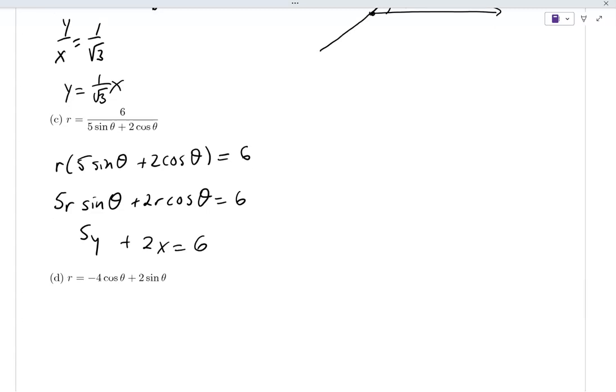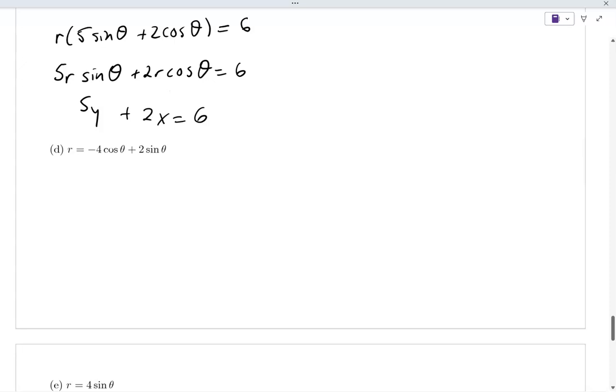Let's look at this last one here, where we've got r equals negative 4 cosine theta plus 2 sine theta. Notice I can't do the same thing that we just did in the previous example because I don't have a denominator to try to clear. However, the previous example does give us a little bit of an insight of what we might want to do.